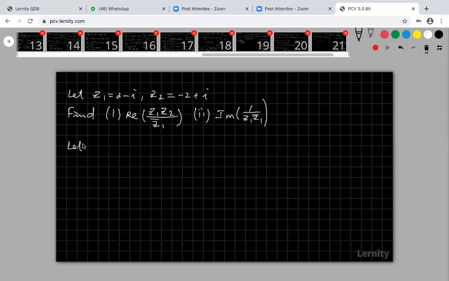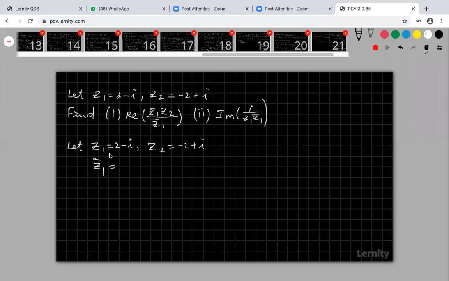Right. Come to the first one. Let Z1 equal to 2 minus I, my Z2 equal to minus 2 plus I. Here also I need Z1 bar. What is my Z1 bar? Bar means it is conjugate. Bar represents conjugate. What is conjugate?